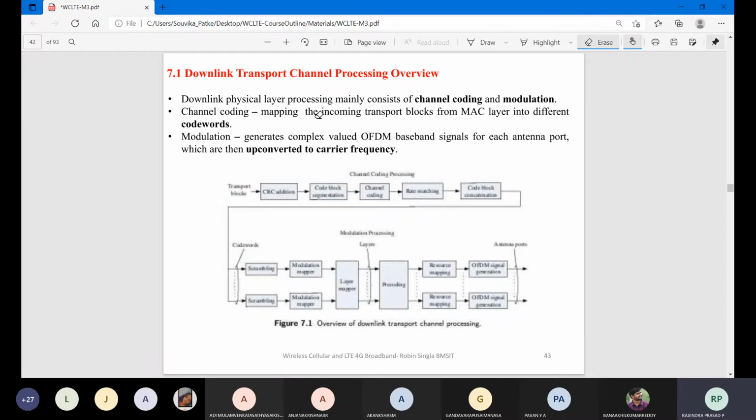Downlink physical layer processing mainly consists of channel coding and modulation. Channel coding is the mapping of the incoming transport blocks from the MAC layer into the different code words. Modulation generates complex-valued OFDMA baseband signal for each antenna port, which is then up converted to the carrier frequency.